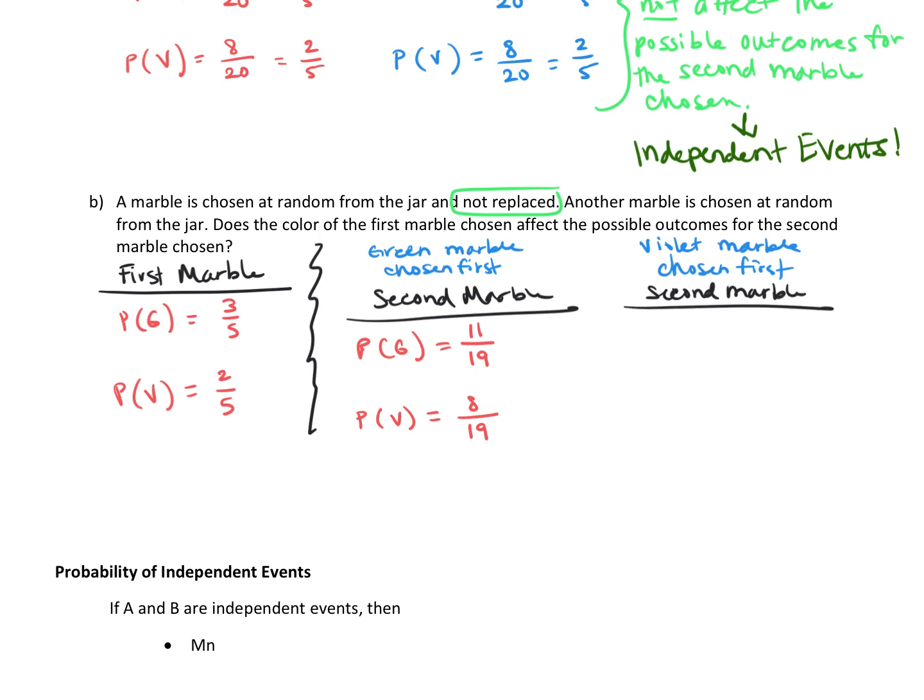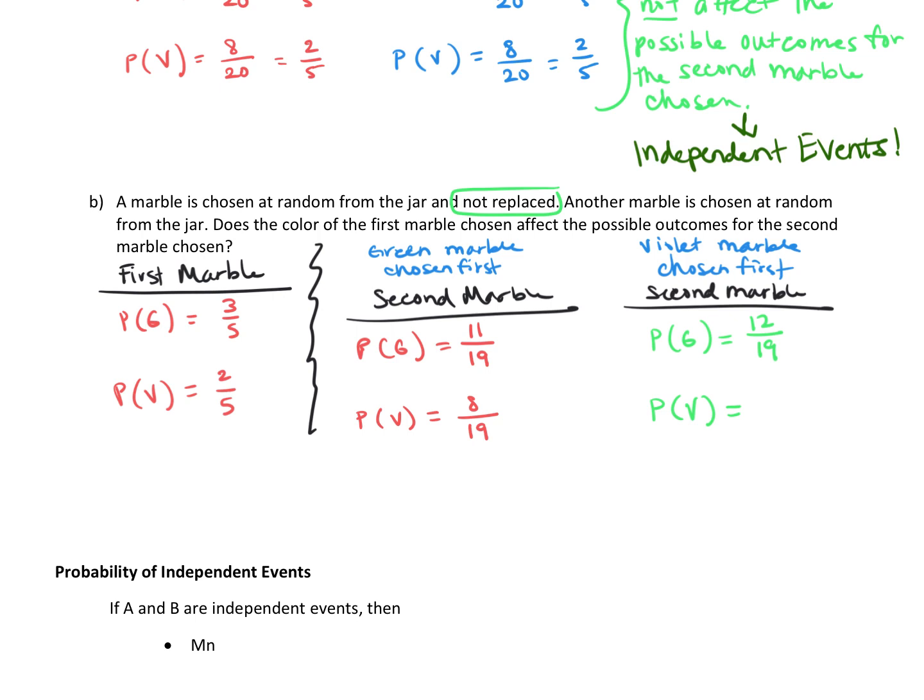Well, probability of choosing a green marble, if the violet marble was first, we still have 12 green marbles in the jar. But because we chose a violet marble first, we only have 19 left in the jar. The probability of choosing a violet marble, if the first one was also violet, well, we started with 8 violet marbles.